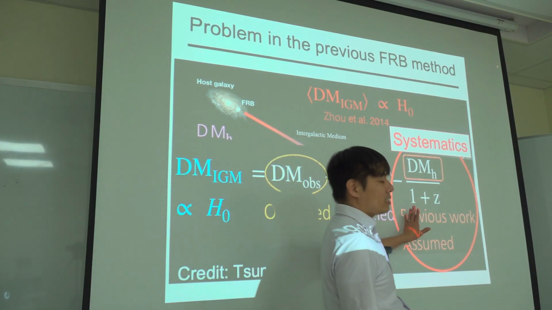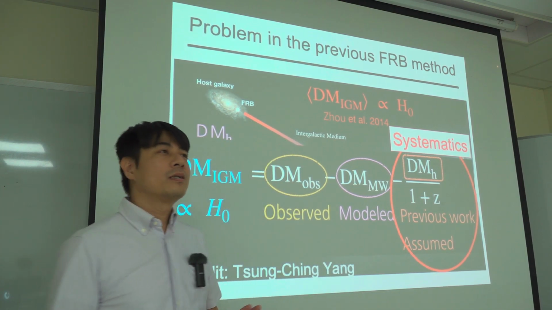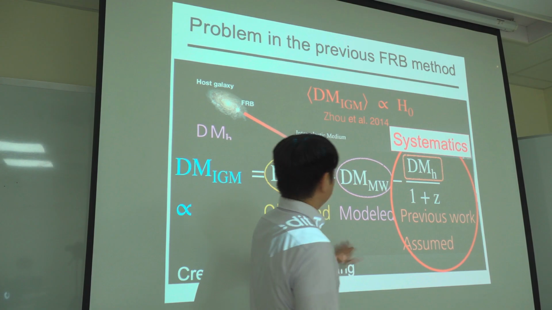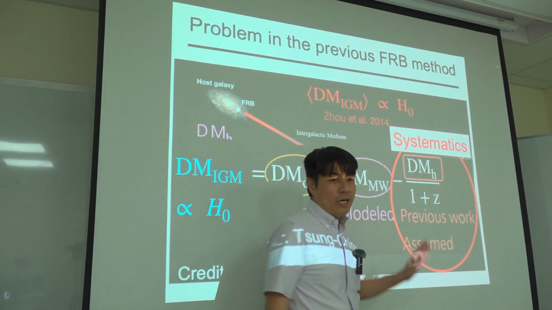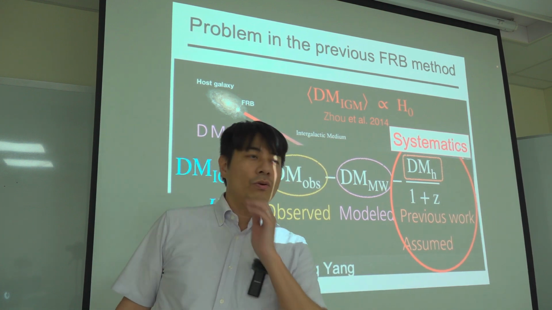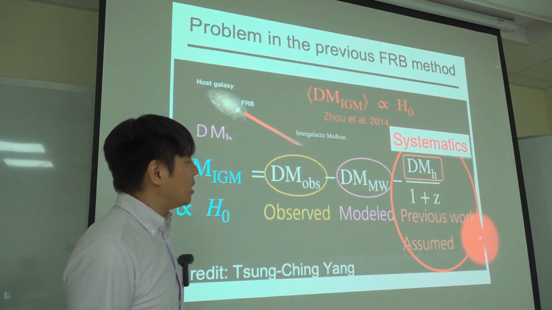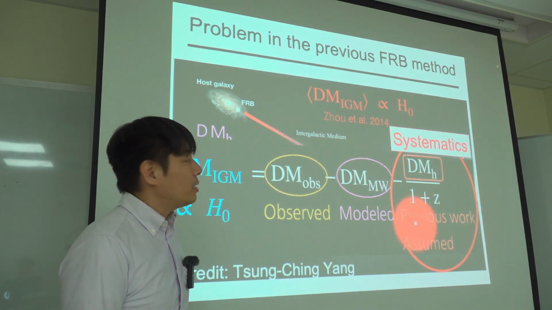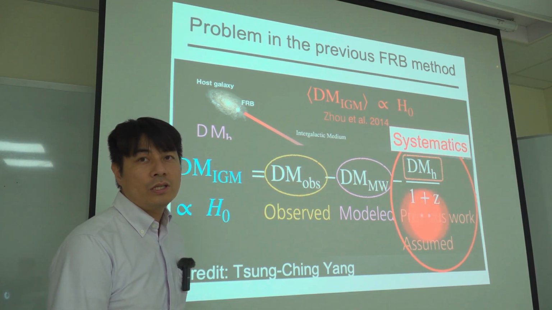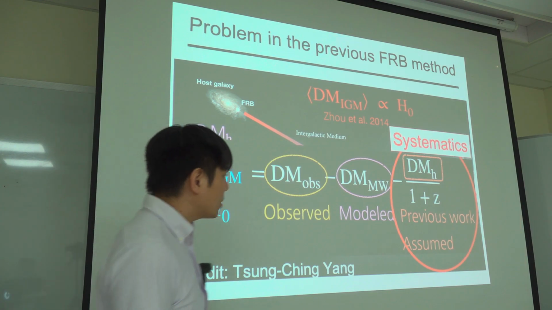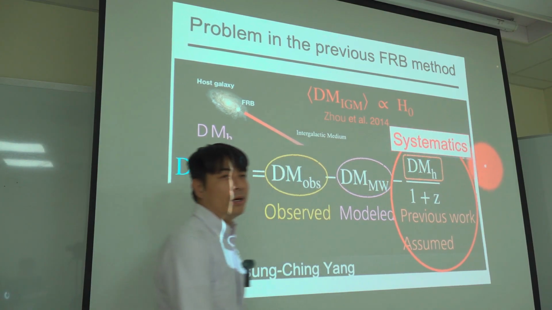Therefore, previous work just assumed a certain number, say 50, I don't mention the unit, or 100, or assumed a certain log-normal distribution or something like that. But the point is they needed to assume something here, and if you get the wrong assumption here, then you get the wrong answer. So this is a problem. Therefore, we really want to address this source of systematics in the FRB method.